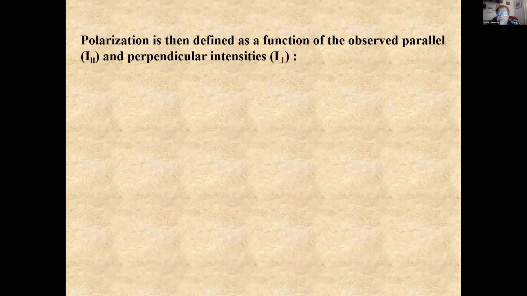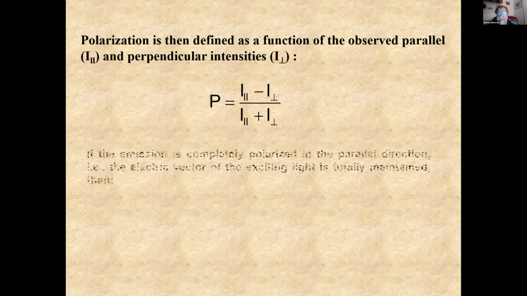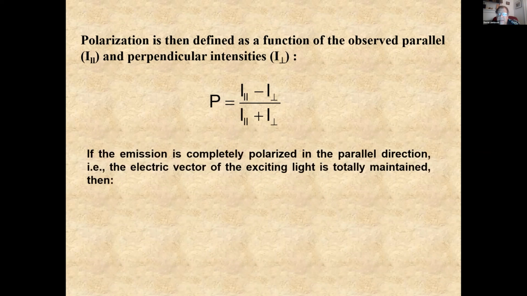Polarization is defined as the intensity parallel minus the perpendicular over the sum of those intensities. So in theory, if it's completely polarized in the parallel direction, you would say that polarization could be 1, which, let me tell you, can happen in a crystal, but will never happen in solution.